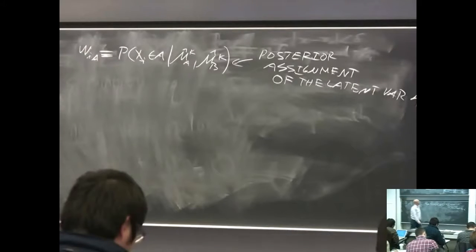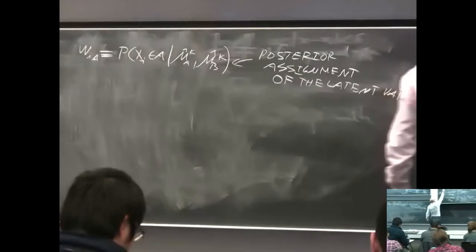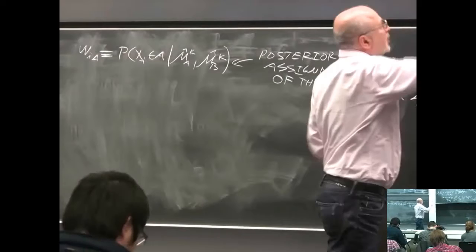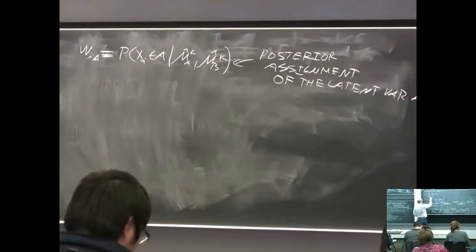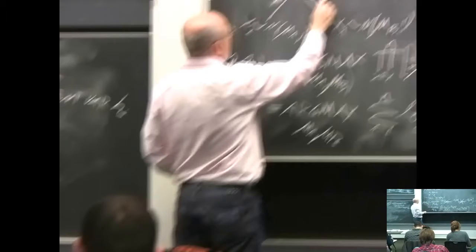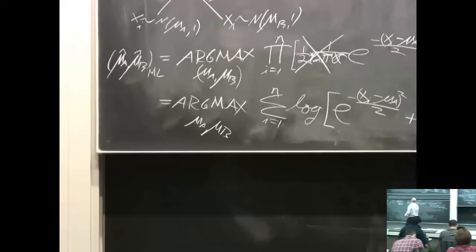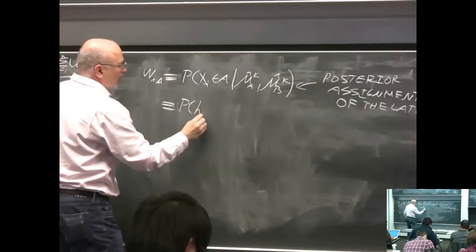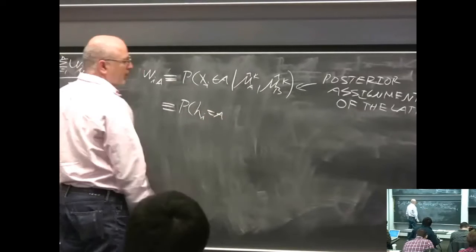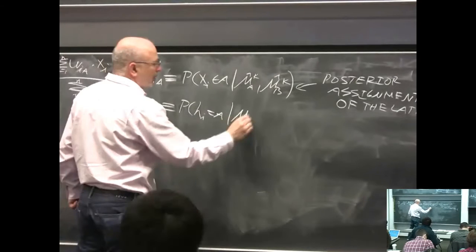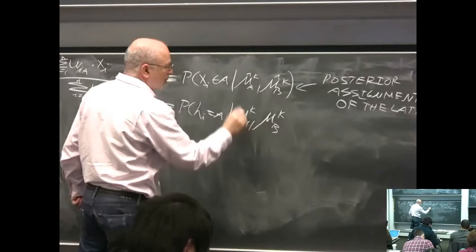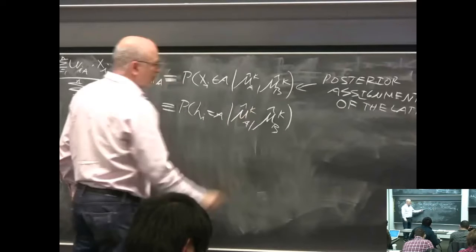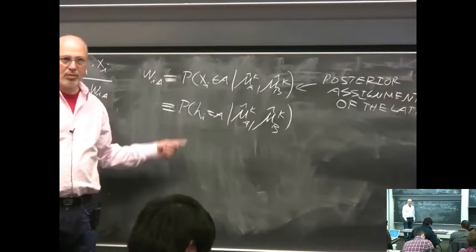So remember in our picture we had this latent variable hi, which took the value 0 or 1. In fact, it could have taken the value a or b. So another way to write this is that the weight is the probability of hi equals a, given the current estimates. Okay?